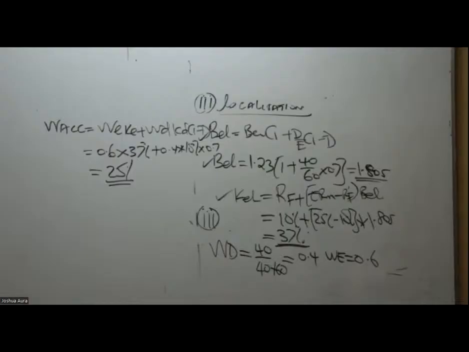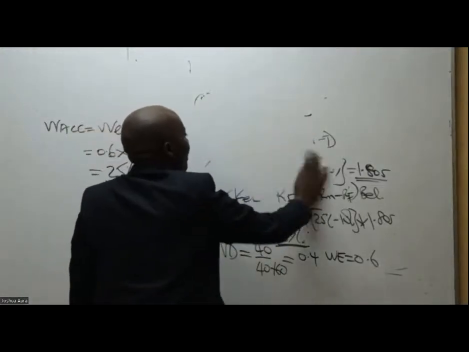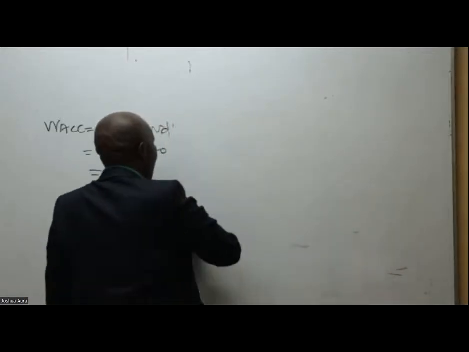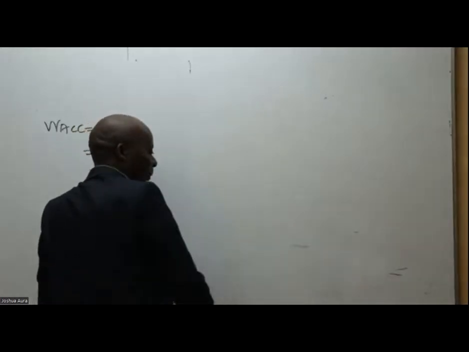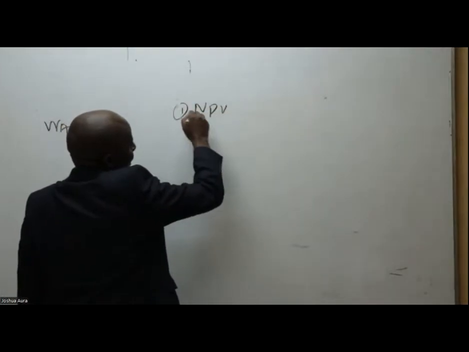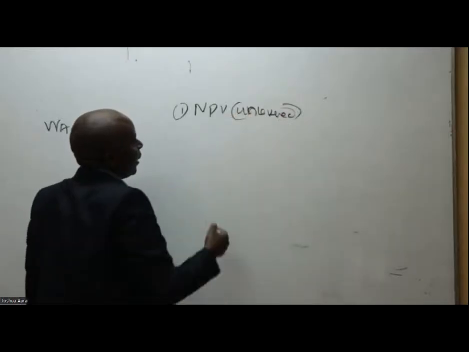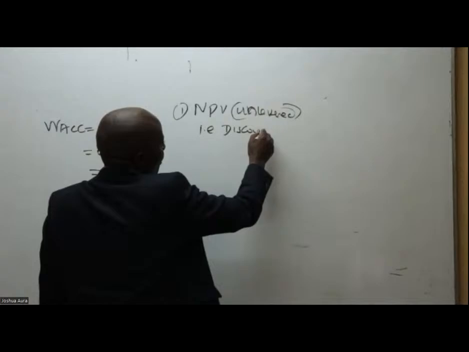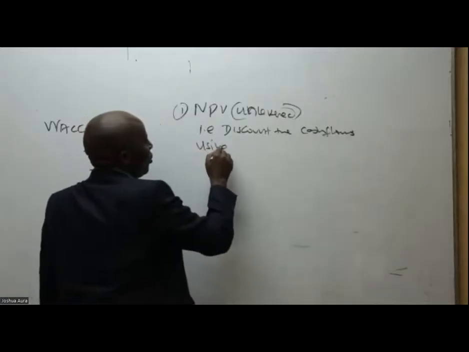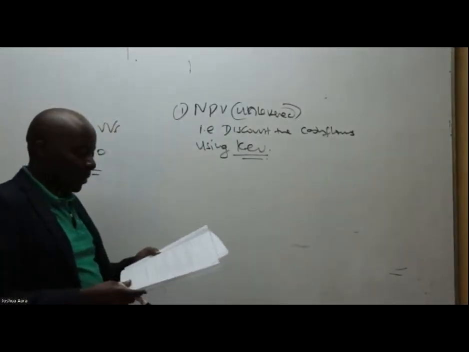Remember, ladies and gentlemen, that the first step of APV, adjusted present value, is step number one: give us NPV unlevered, i.e. discount the cash flows given using KU, the cost of equity of an unlevered firm.